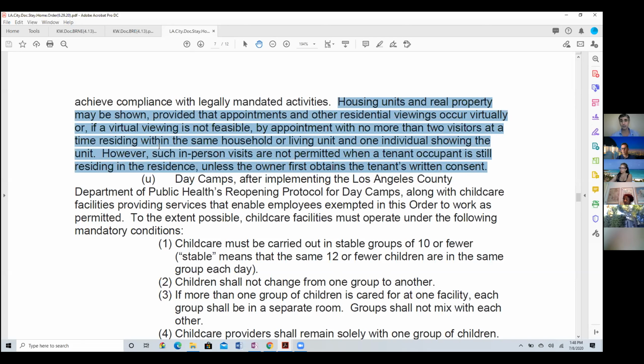That means that the 2 visitors are both part of the same household, you know, spouses, adult, child, whatever it is. 2 visitors at a time from the same household or living unit, and 1 individual showing the property.